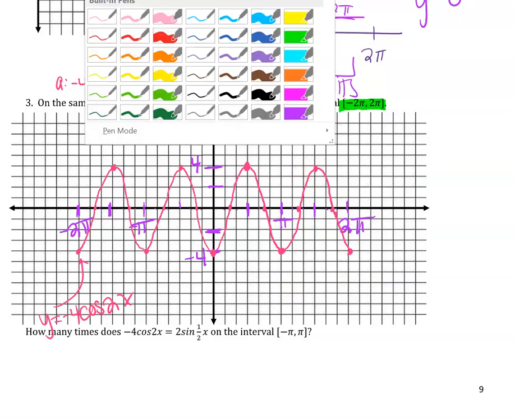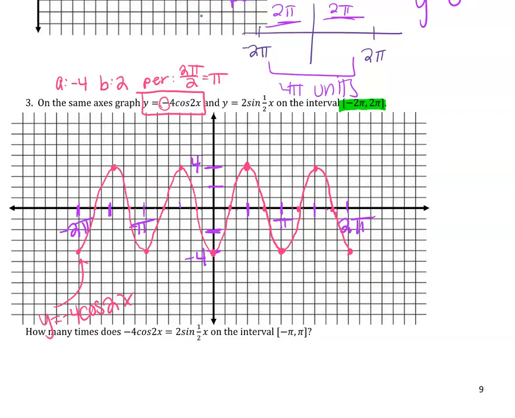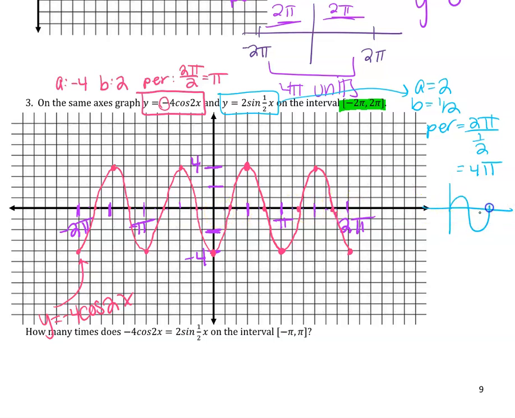All right, next, let's do blue for this guy. Okay, A is 2, B is 1/2, which means the period is 2 pi over 1/2, or 4 pi. Okay, so guys, if we're graphing, let's say from 0 to 2 pi, that means you're only going to see half of this sine curve.